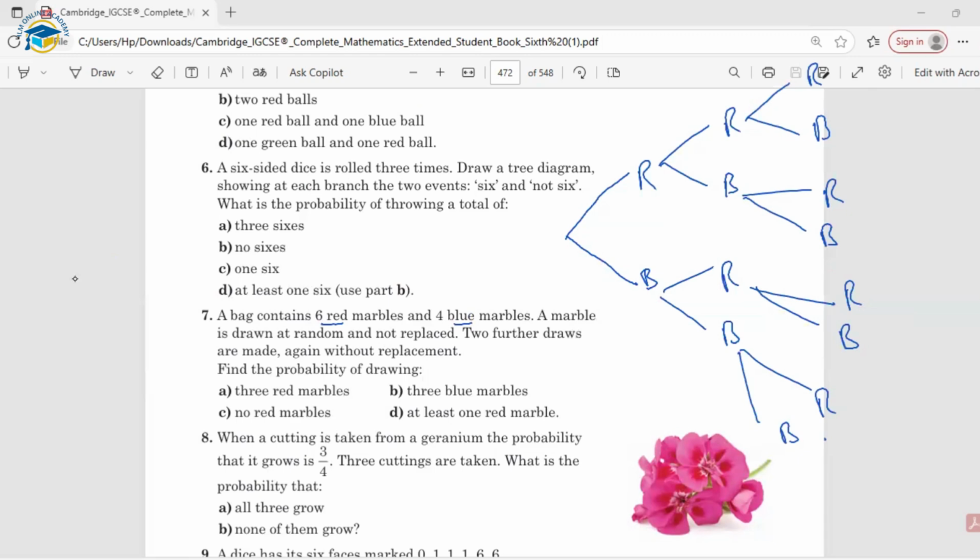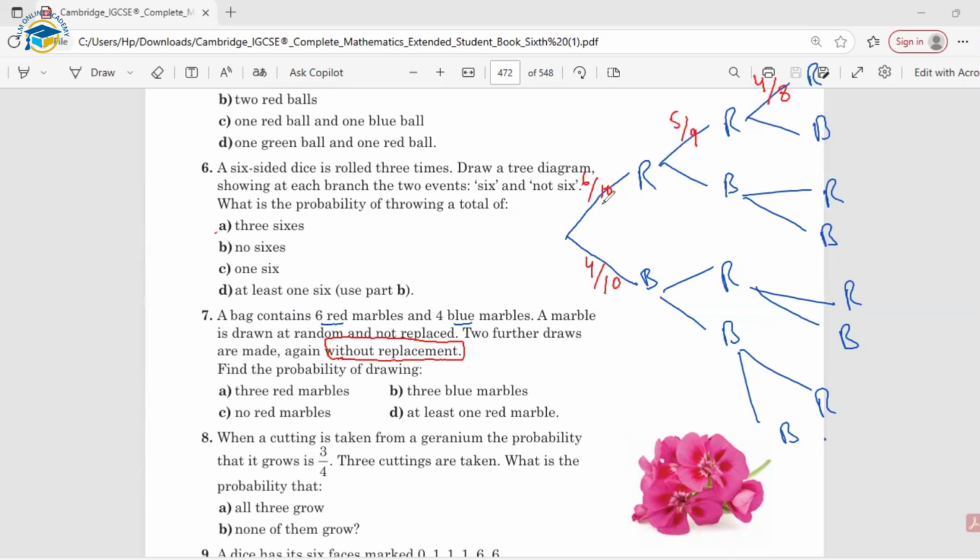Okay. So let's find the probability according to this concept of without replacement. The total will change. Red marbles are 6 over 10. Blue are 4 over 10. First red has been drawn, 5 will be remaining out of total 9. Again we have to draw, so 4 will be remaining out of total 8. In this way, branch to branch, you need to change your totals and your red marbles count as well.